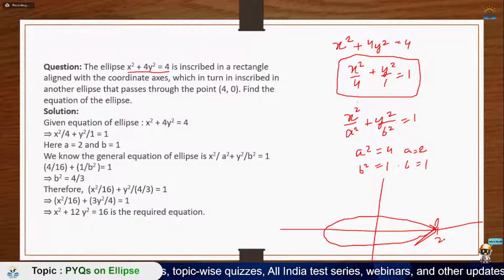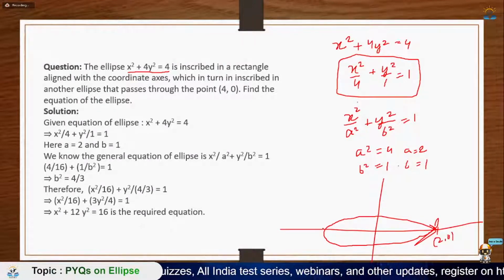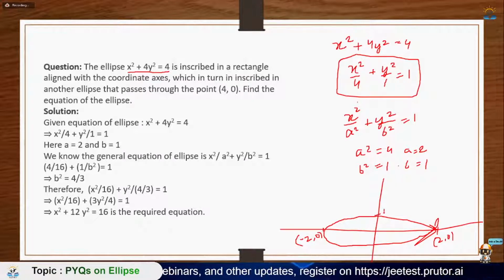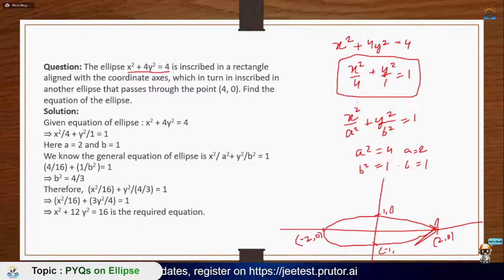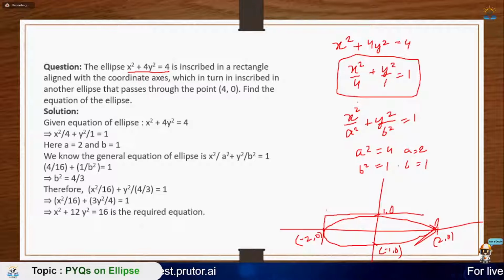This point is (2, 0), and this point is (-2, 0). And this point is (1, 0), and this point is (-1, 0). So this is inscribed inside a rectangle. So basically my rectangle would be something like this. Okay, this is my rectangle.